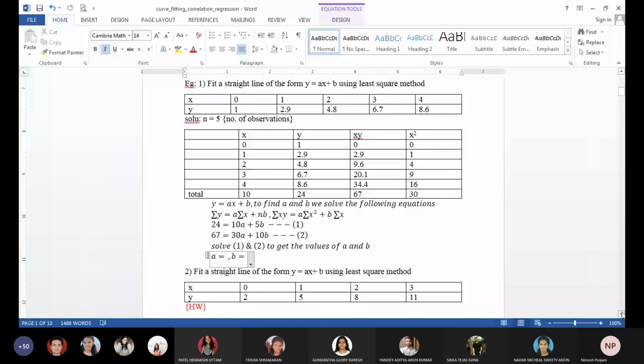Now you know how to solve the equations simultaneously.